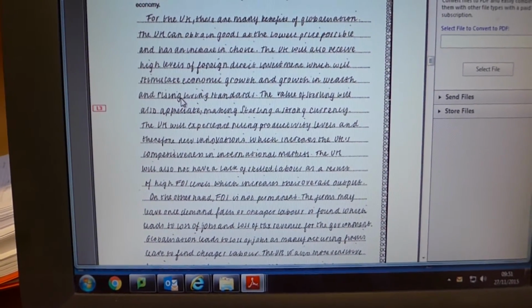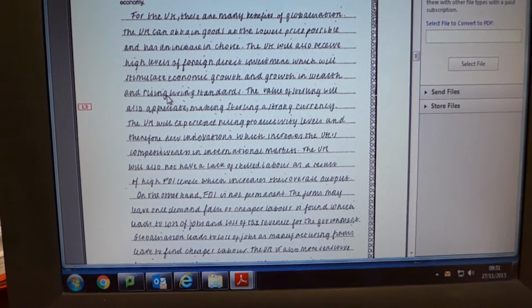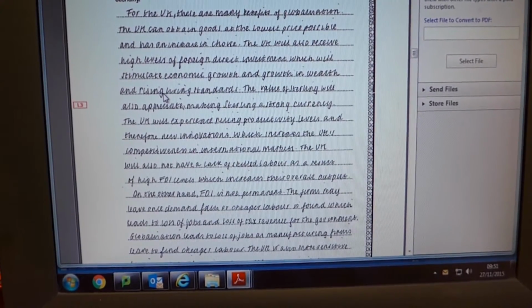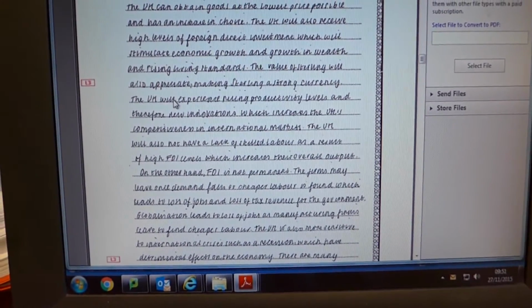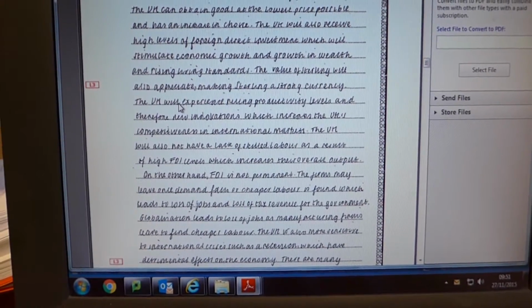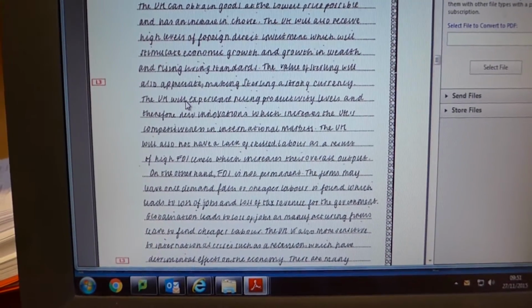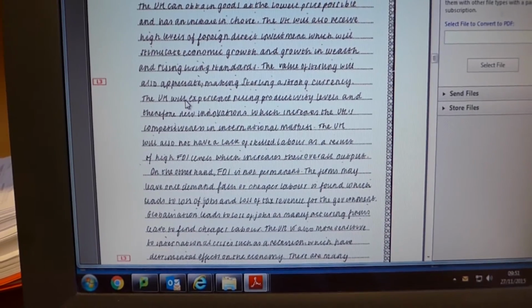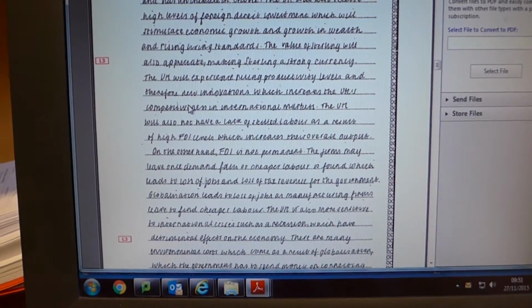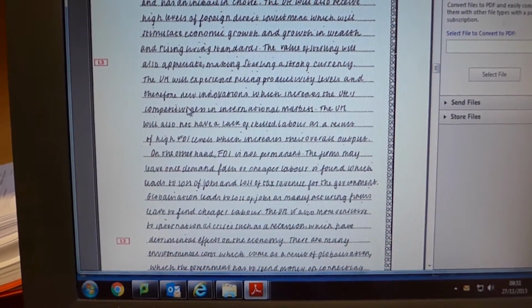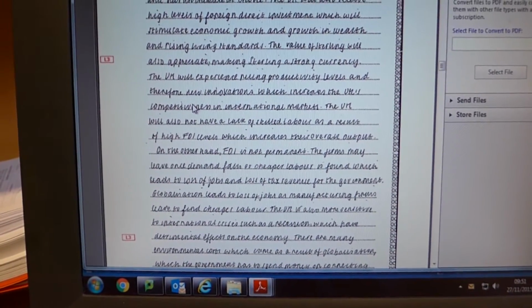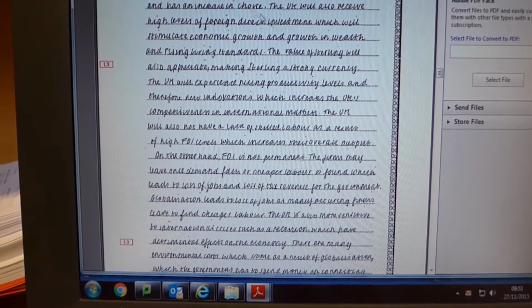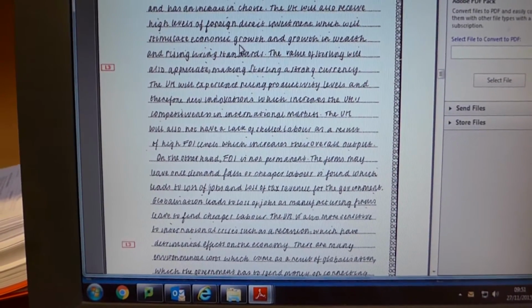The value of sterling will also appreciate, making sterling a strong currency. The UK will experience rising productivity levels and therefore new innovations which increase the UK's competitiveness in international markets. Tremendous. The UK will also not have a lack of skilled labour as a result of high FDI levels, which increases their overall output. So a tremendous little paragraph on the advantages there of globalisation.